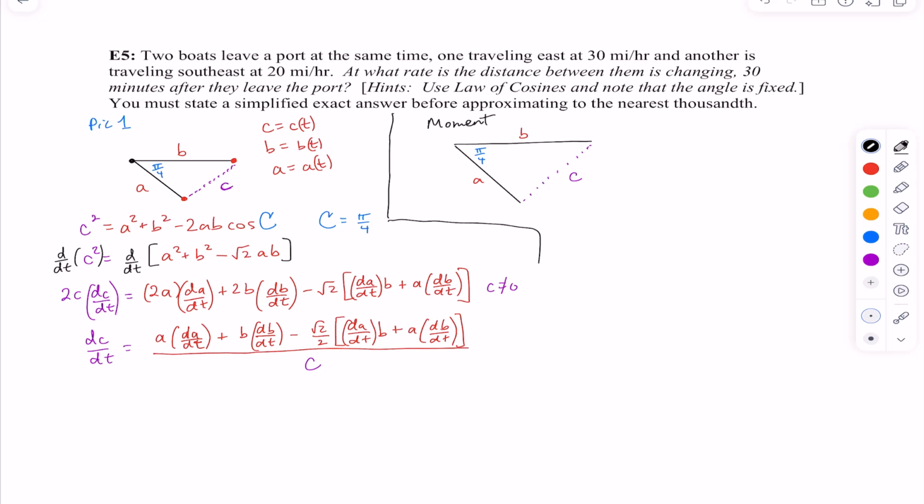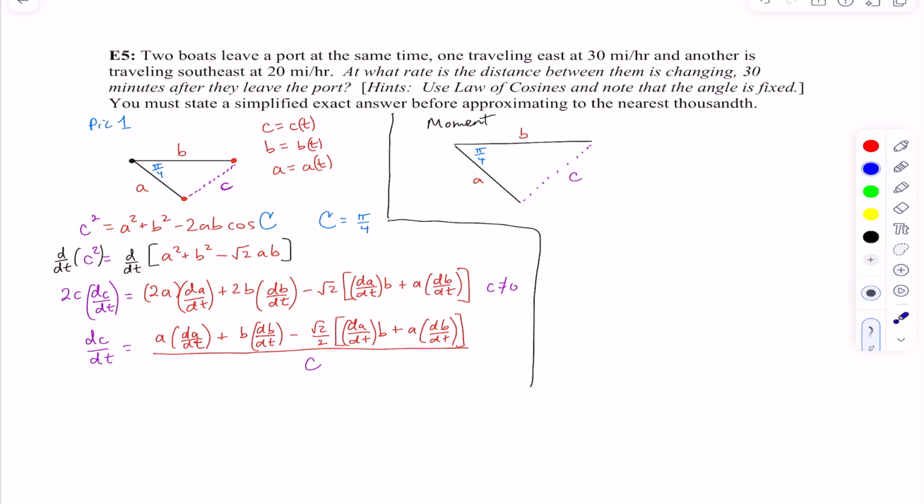Now, do we know all these values at that moment, at that instance that we're trying to take a look at? At the very moment here, do we know what A, B, and C are? If so, we're in good shape.